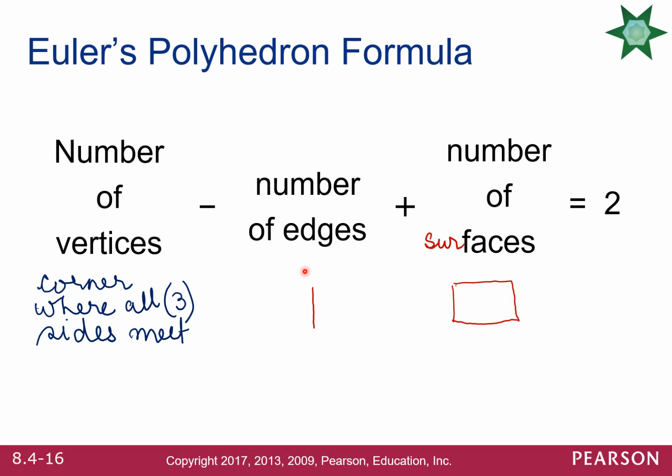All right, so the number of vertices minus the number of edges plus the number of surfaces in a polyhedron figure will always equal 2, no matter what shape polyhedron you are looking at. This is a neat formula that was derived by Euler, a Swiss mathematician of the 18th century, the 1700s.